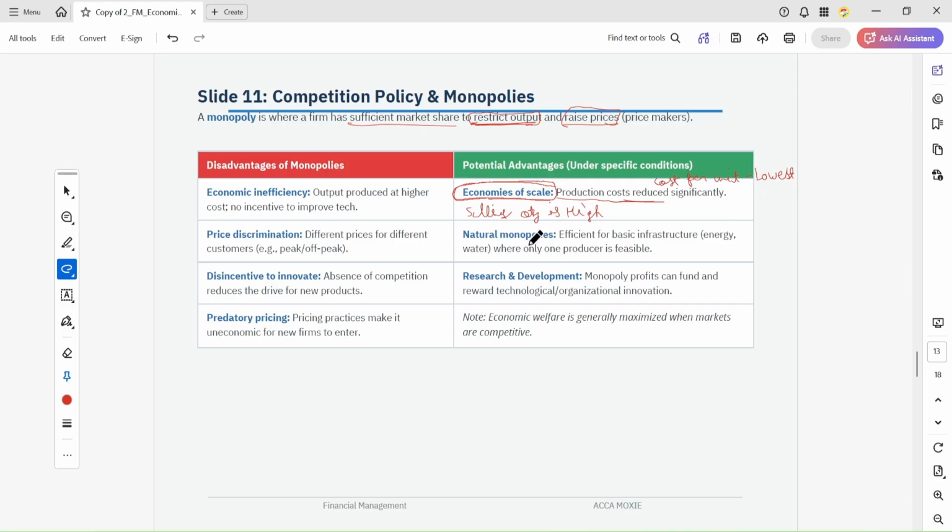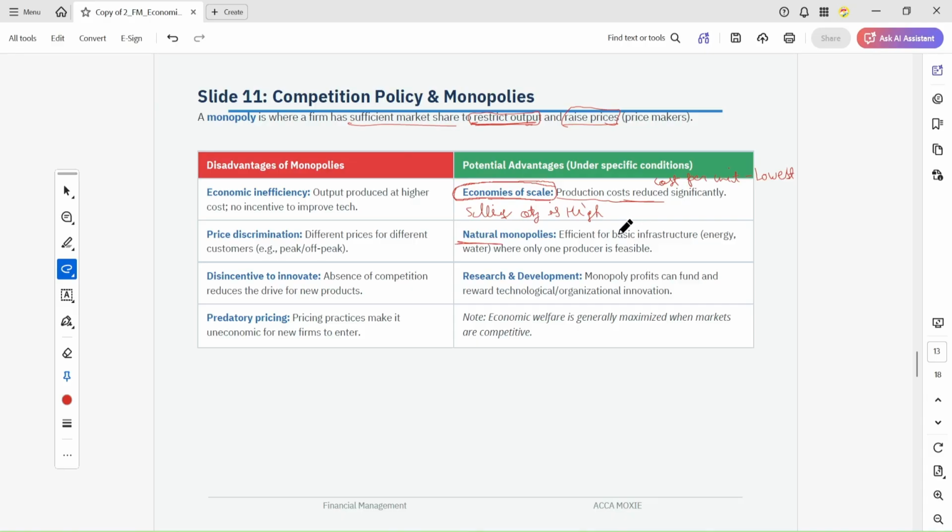Another is natural monopolies. Another advantage: efficient for basic infrastructure, energy, water, and where one producer is feasible. Generally, the government of the country holds the monopoly on the natural resources.